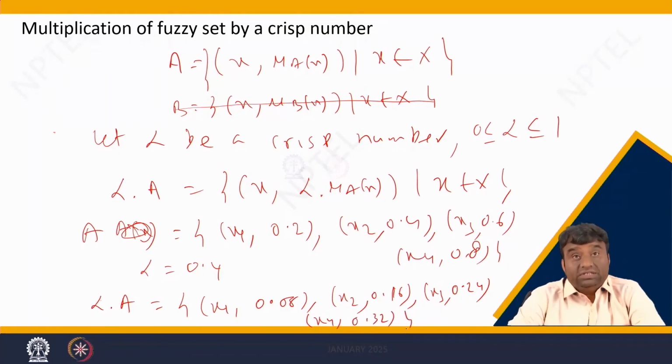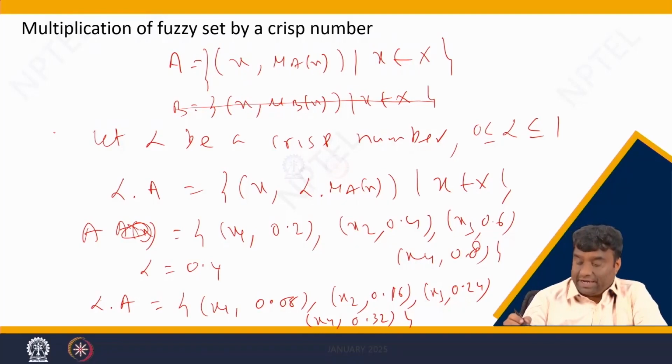So this is the multiplication of a fuzzy set by a crisp number. Similarly, you can try to find alpha B for some number.